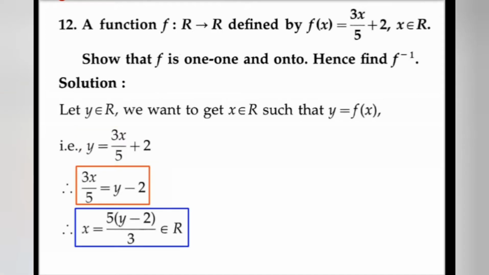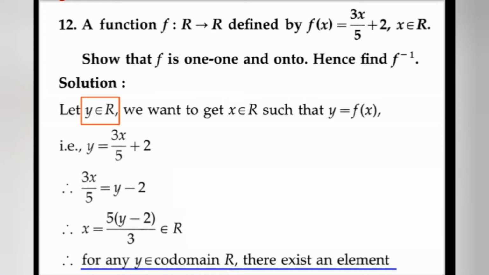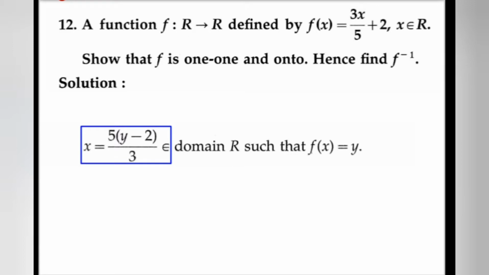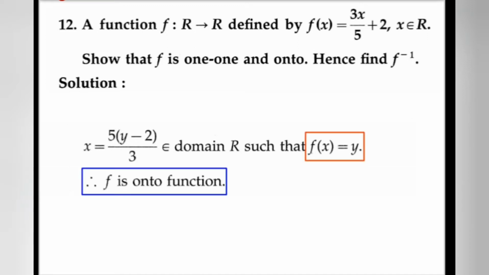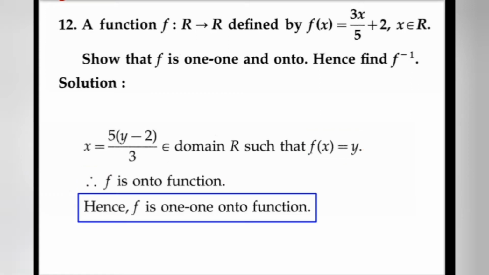Therefore, x = 5(y - 2)/3 belongs to R. Therefore, for any y belonging to codomain R, there exists an element x = 5(y - 2)/3 belonging to domain R, such that f(x) = y. Therefore, f is an onto function. Hence, f is a one-one onto function.